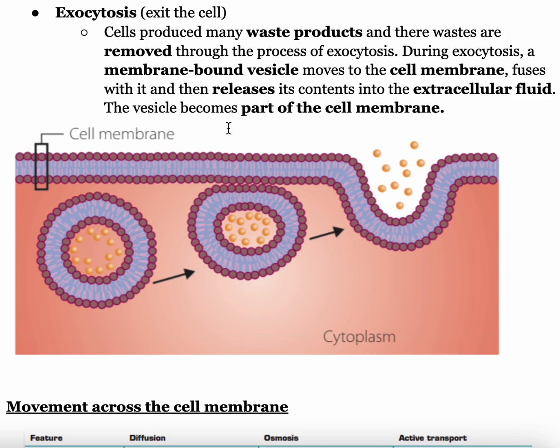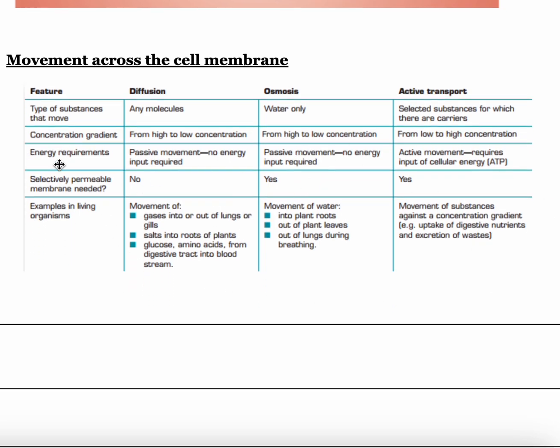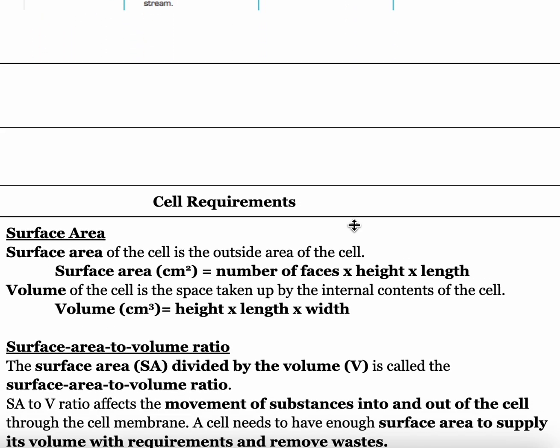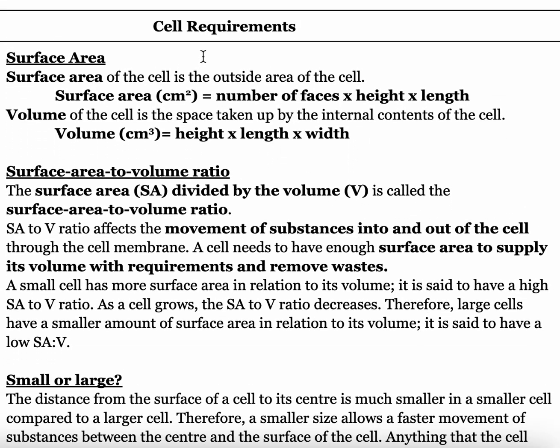The vesicle becomes part of the cell membrane, so basically it merges into the cell membrane and then it's released. Like this part, it will just be like that. Anyways, this is a summary table, and next we're going to talk about cell requirements.